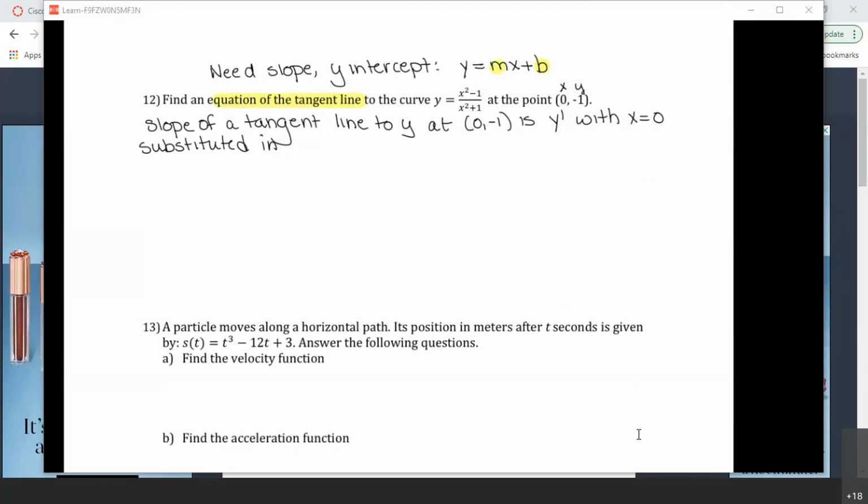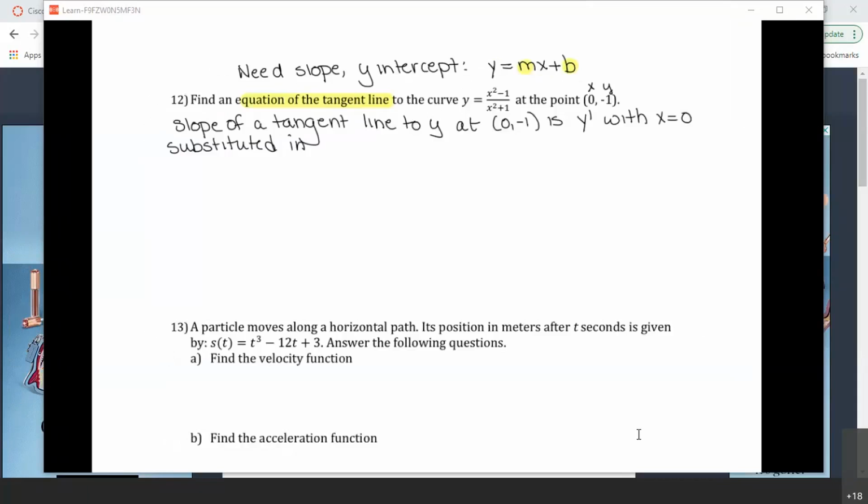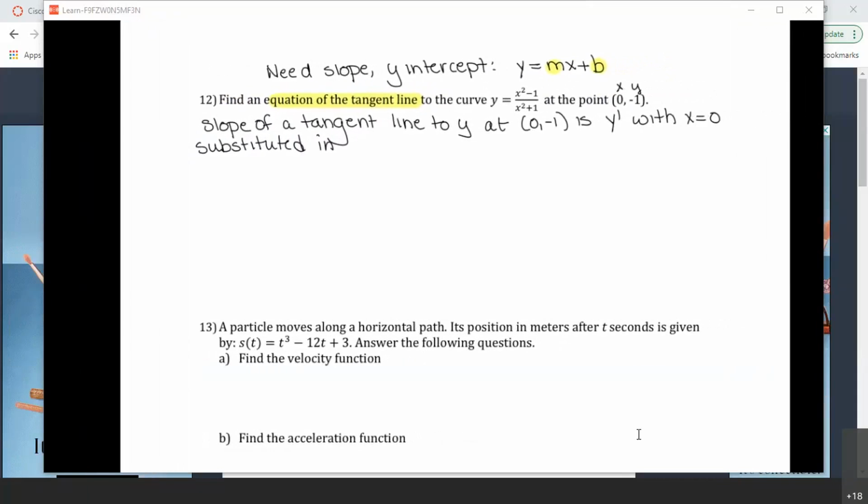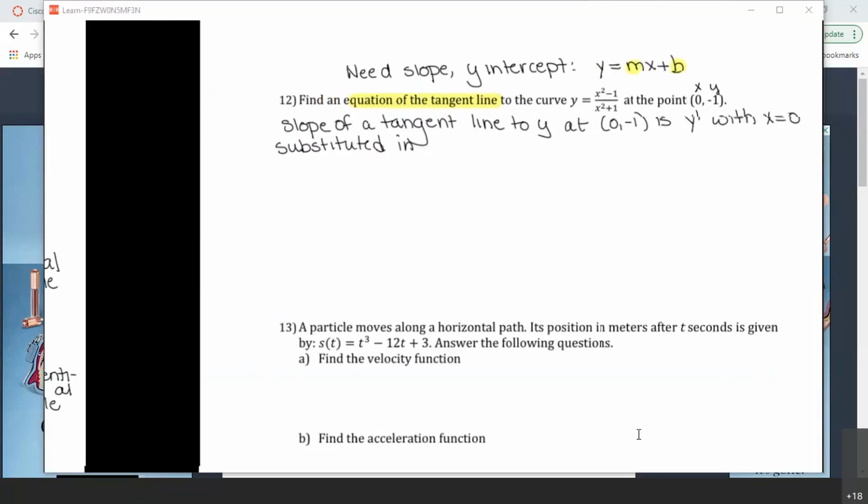Anybody want to give me any ideas? How would you differentiate this? What does it look like? Yeah, it looks like a quotient. And I don't see any easy way out of the quotient, so I need the quotient rule.